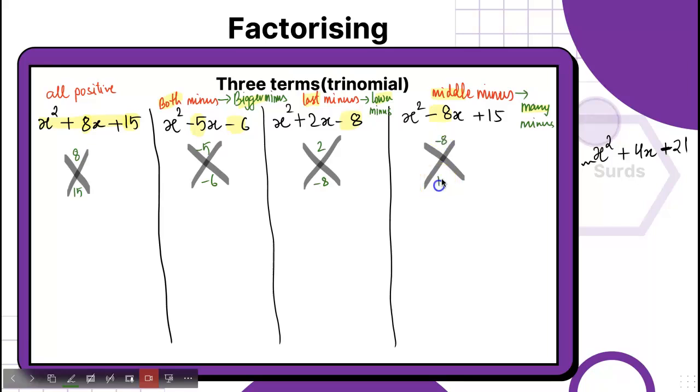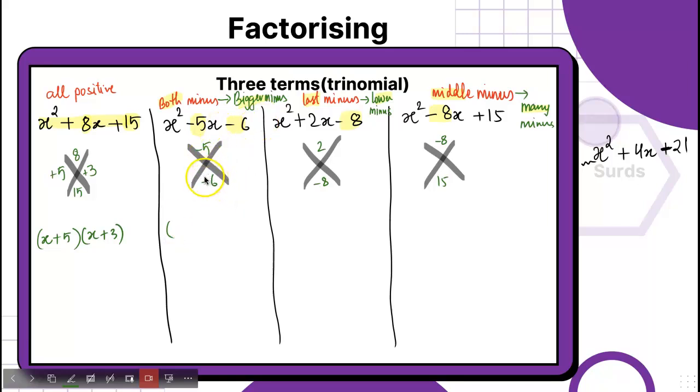We have to think of what multiplies to give you 15 and what adds to give you 8. So 5 and 3, and they both are going to be positive. So you can write x plus 5 and x plus 3. Here we are going to be writing both minus meaning 6.